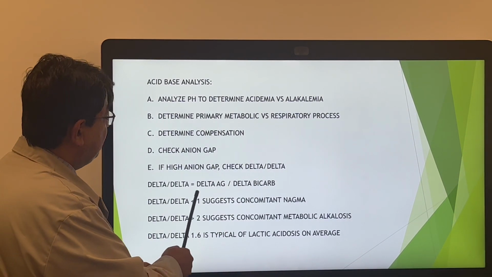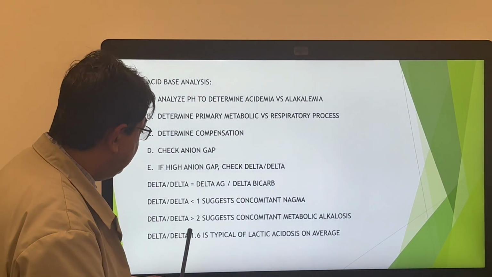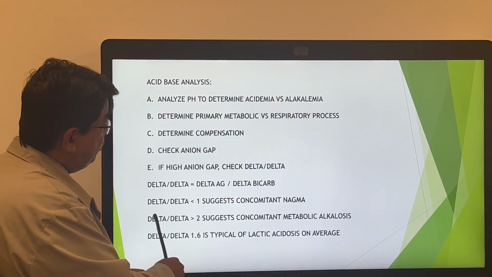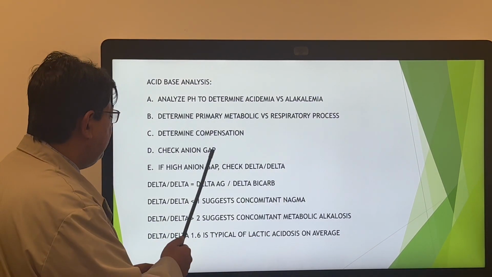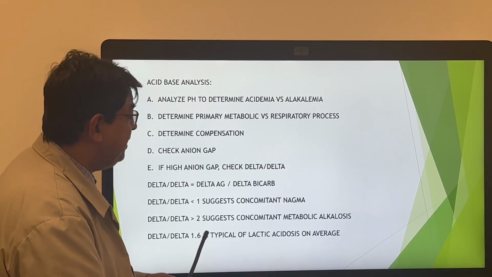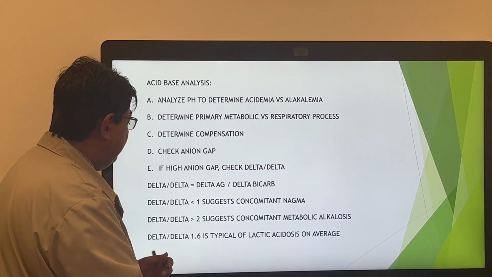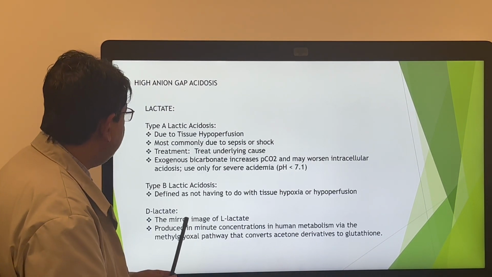If the delta-delta is less than 1, this suggests a concomitant non-anion gap metabolic acidosis. If the delta-delta is greater than 2, this suggests a concomitant metabolic alkalosis. And if it's in between, it typically doesn't tell you anything, except for the statistic that in lactic acidosis, the delta-delta is typically 1.6. Next slide.